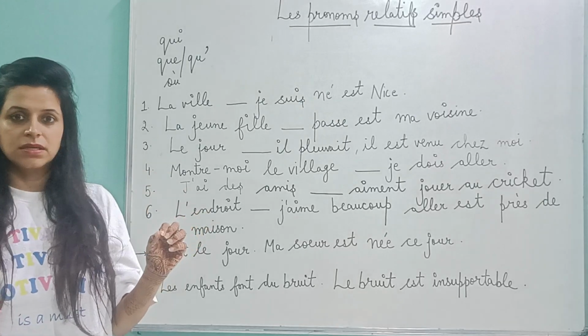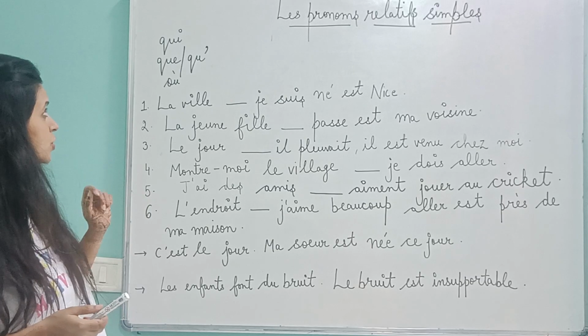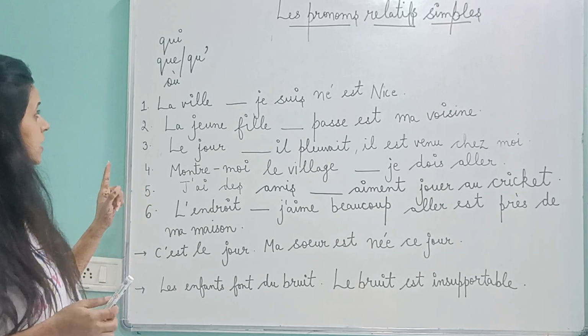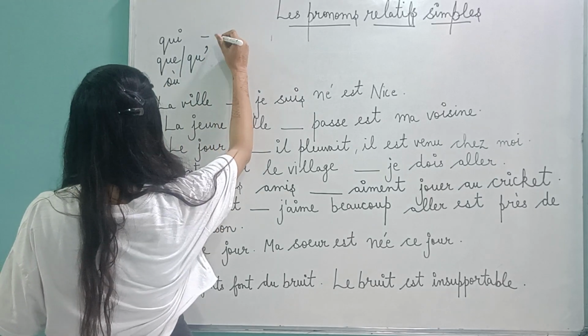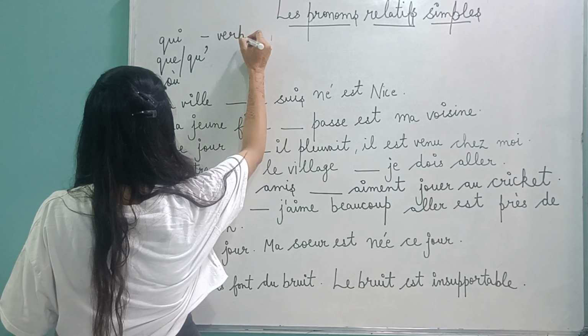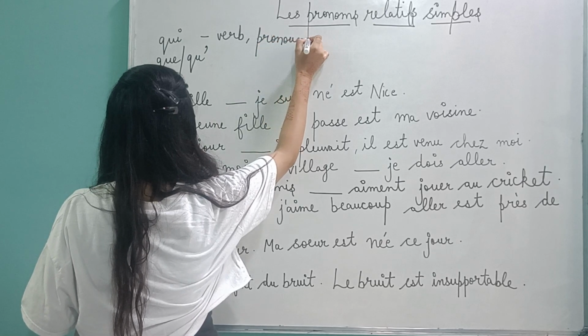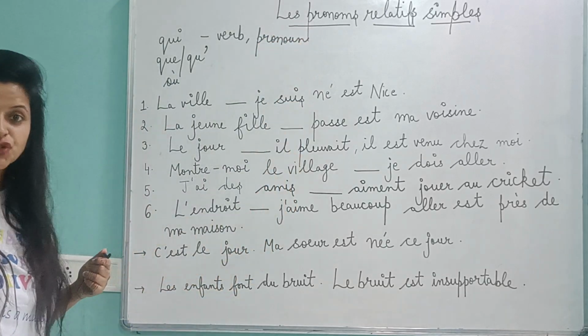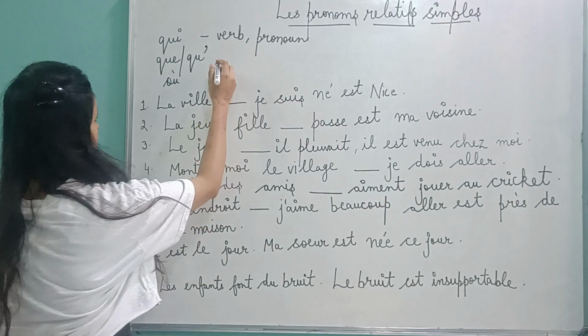The hint that is required for you to understand in which sentence you're going to put which pronoun. For qui, always remember that after the blank there will be a verb or a pronoun. And qui particularly means which or who. Okay. And for que, we'll see this.